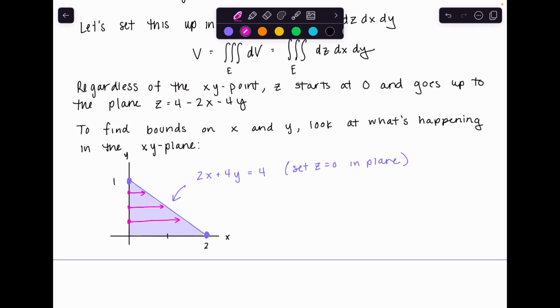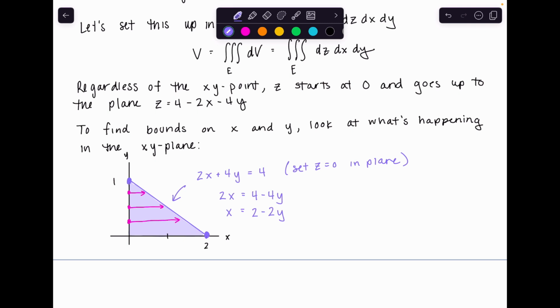So I need to rearrange this equation to get x in terms of y, because remember, the bounds can only depend on the variable we haven't integrated with respect to. Solving this equation gives us 2x is equal to 4 minus 4y, or x is equal to 2 minus 2y.